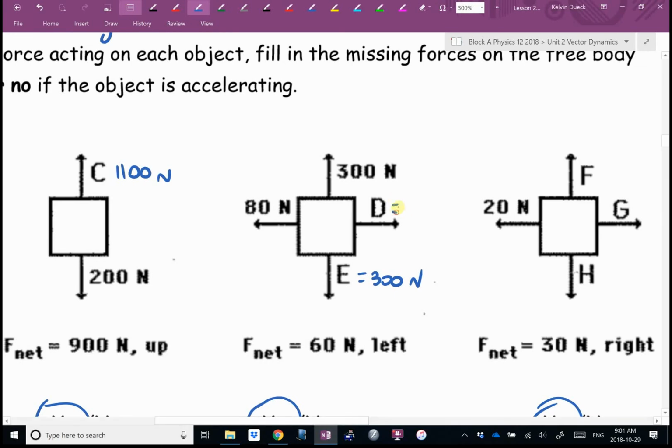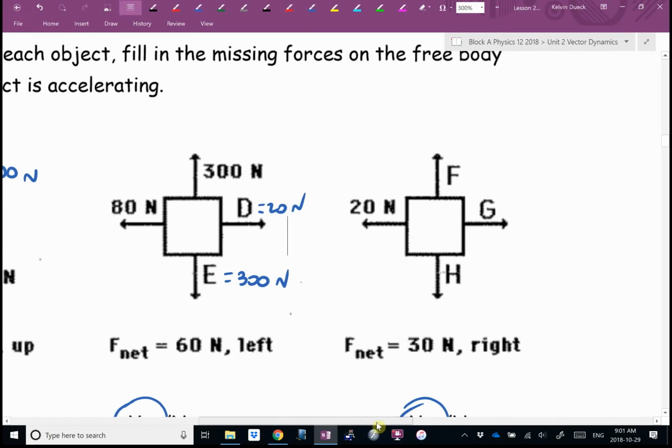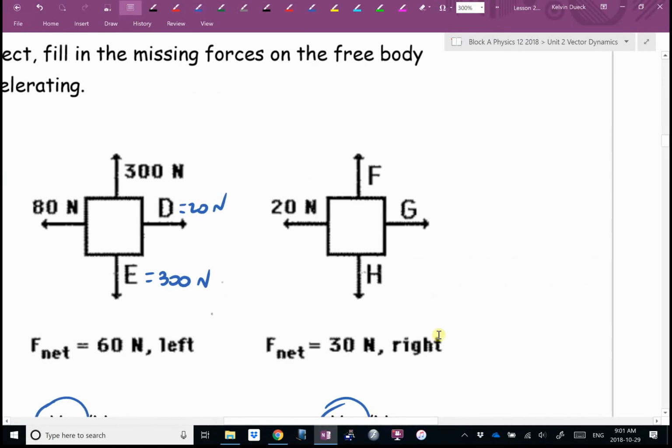Got to be. If the net force is 30 newtons to the right, how big must force G be? How big must that one be? It's got to be 50.